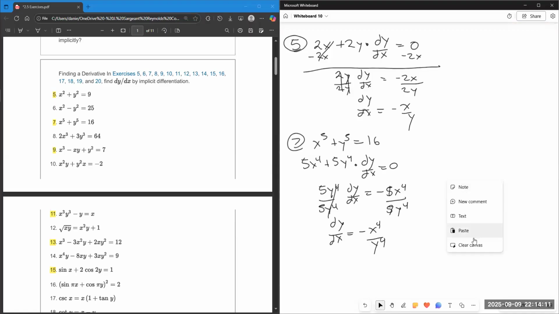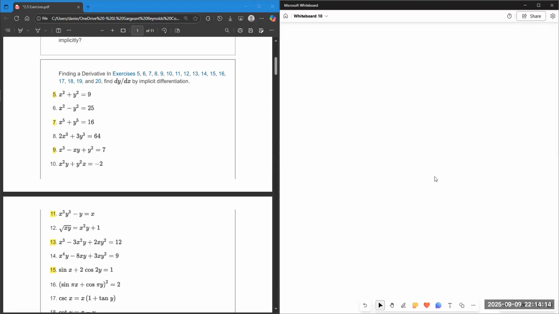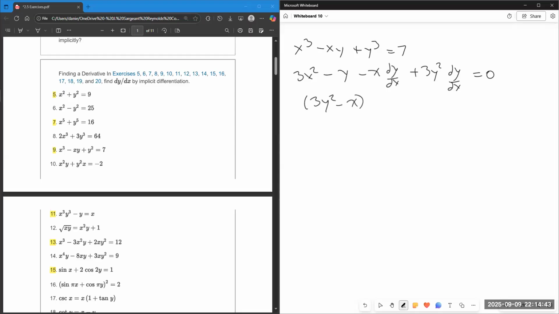Let's look now at number 9. X cubed minus xy plus y cubed is equal to 7. 3x squared minus y minus x dy dx using the product rule there, plus 3y squared dy dx using the power rule there is equal to 0. I'm going to keep my dy dx terms on the left and group them together. 3y squared minus x dy dx. This term and this term are alike.